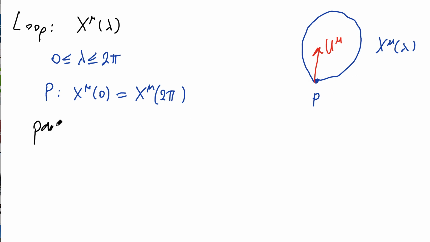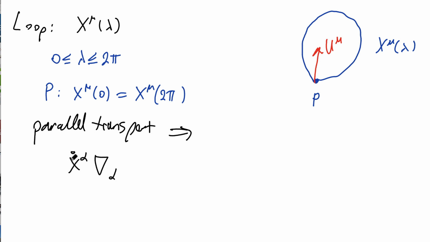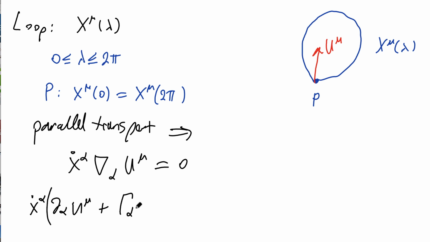So parallel transport tells us that the covariant derivative along the loop, so this is the tangent vector to the loop, x dot, covariant derivative of u is equal to 0. Now if we write this out in more detail, this is x alpha dot, and remember the dot is d by d lambda, times partial alpha u mu plus gamma alpha mu beta u beta equals 0.